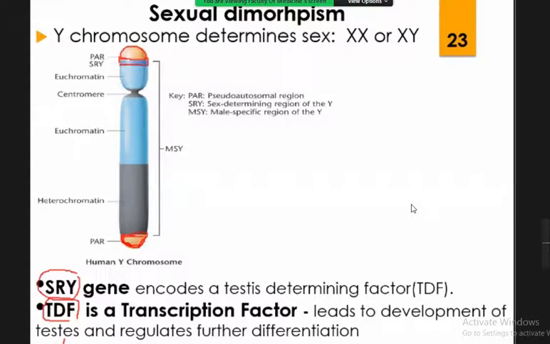So by default, if an embryo does not carry SRY, it means TDF cannot be produced. And by default, that individual will turn out to be a female, just because of a lack of this transcriptional factor.